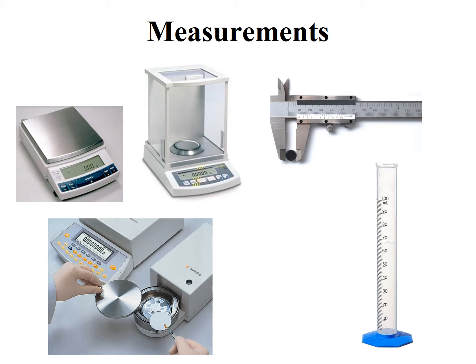Burette, pipette, volumetric flask, and graduated cylinder, like here, are used to measure volume. Different types of balances that we have here are used to measure mass. Thermometers are used to measure temperature.